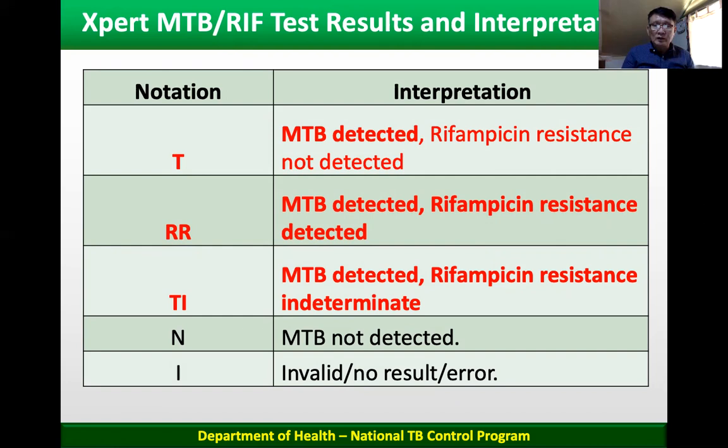The actual computer system of GeneXpert will show you if it is invalid, no result, or error. But when we interpret these three things in the result form, it is a big capital I. So it can either be invalid, no result, or an error.